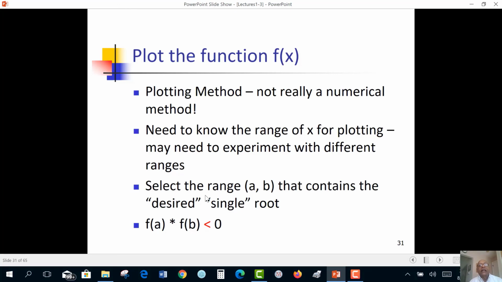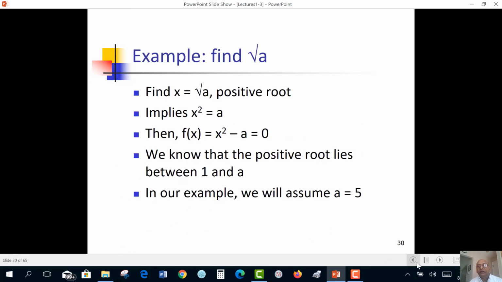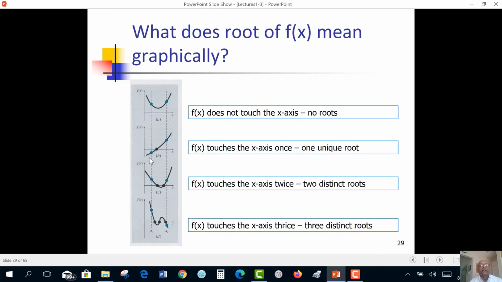So we will select a range AB that contains the desired single root. If our function has many roots, we will say we want this particular root. Notice our situation would be like this. We have one single root. We want to plot the function between this range.